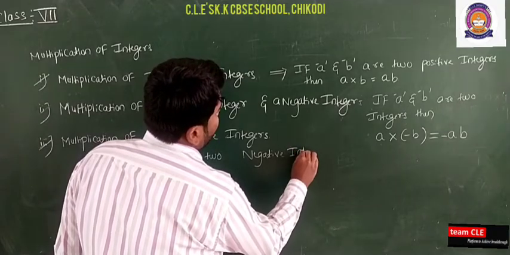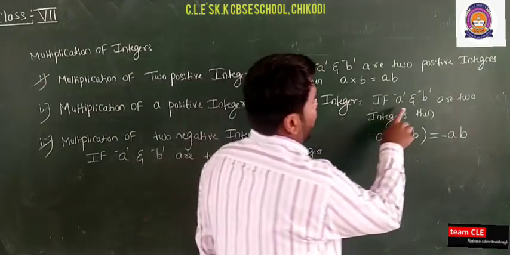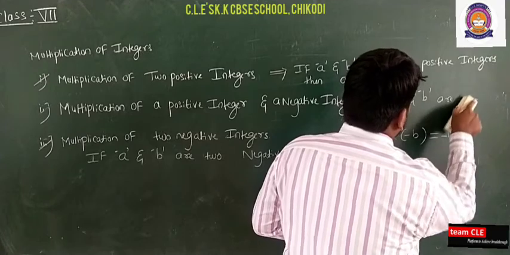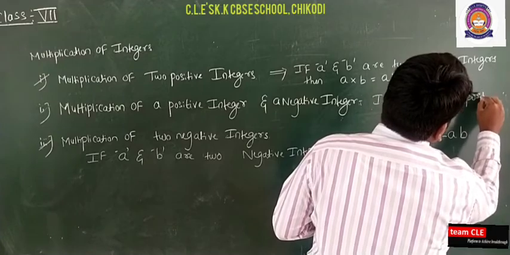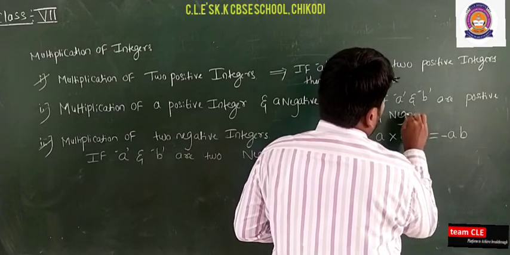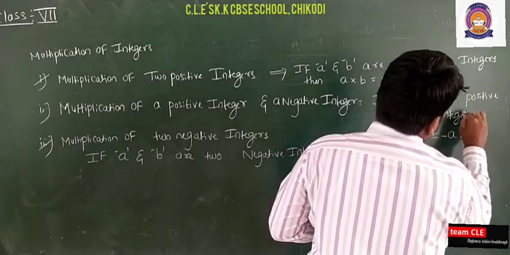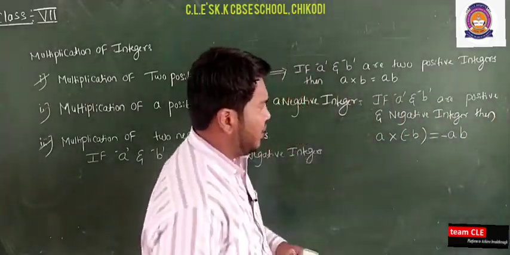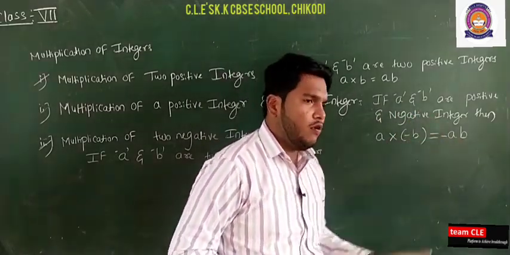Similarly, if a and b are a positive and a negative integer, then a into minus b is equal to minus ab.